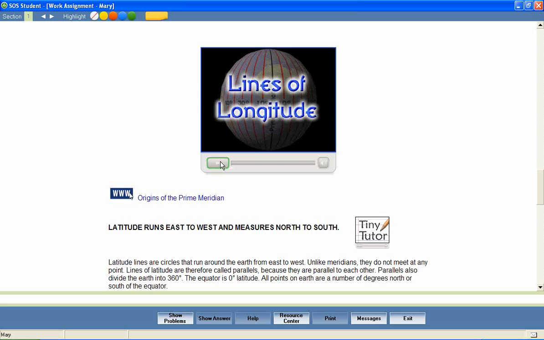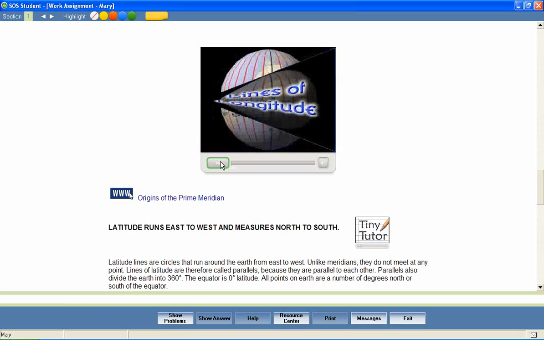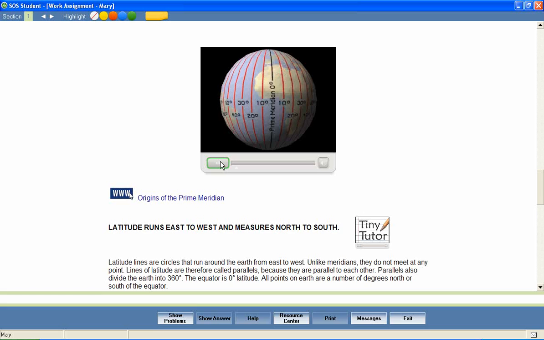The addition of these interactive activities encourages learning by allowing students to become actively involved in the lesson presentation. The prime meridian is a special line of longitude. This meridian goes through a town in England called Greenwich and is located at 0 degrees longitude. All other lines of longitude are measured east and west from this one line.